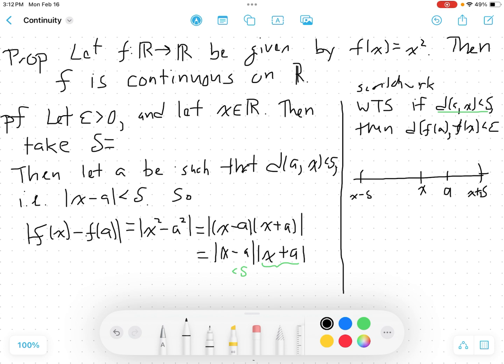We know that the absolute value of x plus a, by the triangle inequality, is going to be less than or equal to the absolute value of x plus the absolute value of a. So we need to get the absolute value of a itself somehow to be related to x. We know that a is going to be within x minus delta and x plus delta of x, but we need to figure out how to turn that into a concrete inequality.